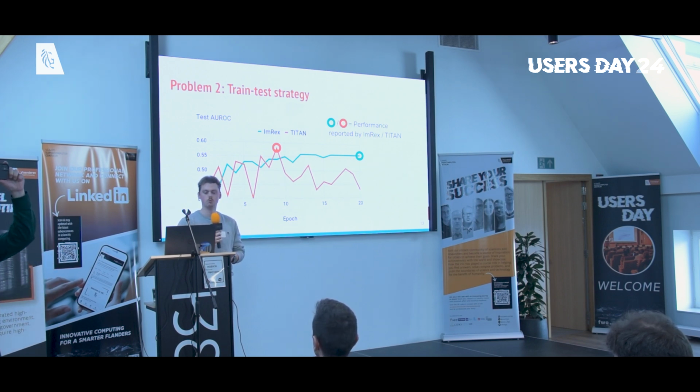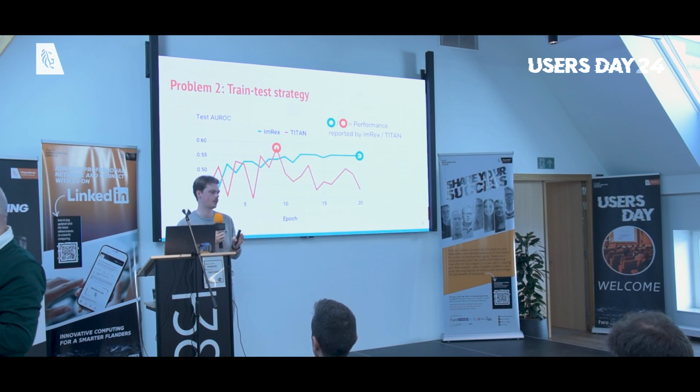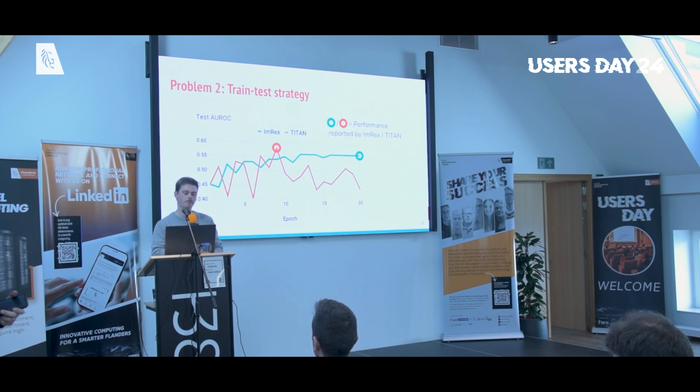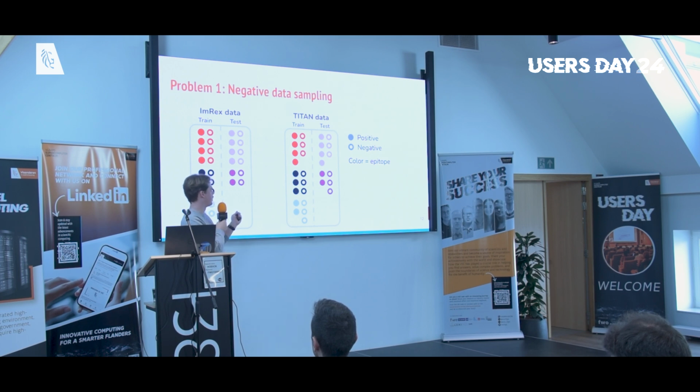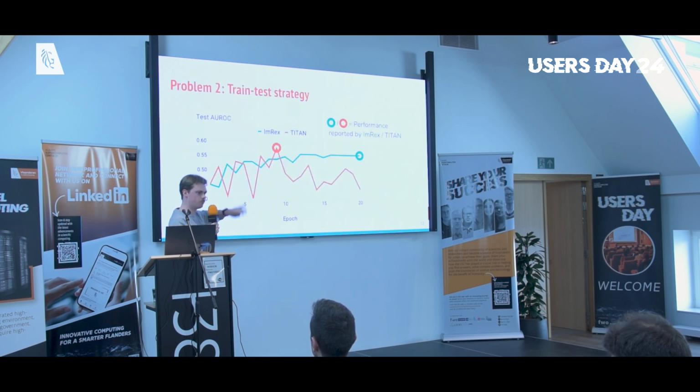Yeah, so you could do it if you had an additional validation split, and then you would stop when the validation performance, or take the epoch of the best validation performance. But in this case, as you see here, and this is mainly because of the first problem, the performance is just random, going up and down, and then taking the test performance of the best epoch is just random.